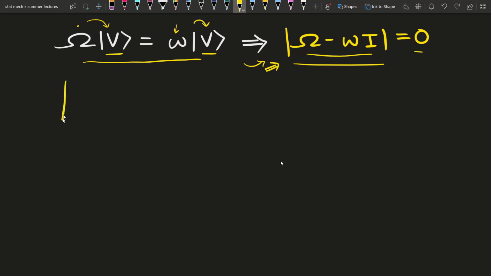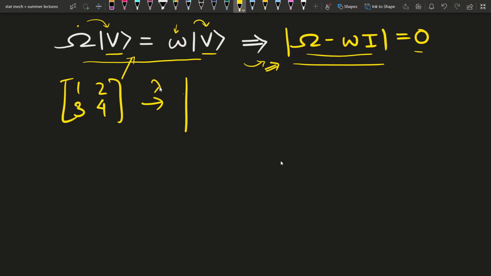What did we do? Suppose we have a matrix like this: 1, 2, 3, 4. What will be the eigenvalues of this? To find that, we consider that lambda is the eigenvalue of this matrix. Then it must satisfy the eigenvalue equation.